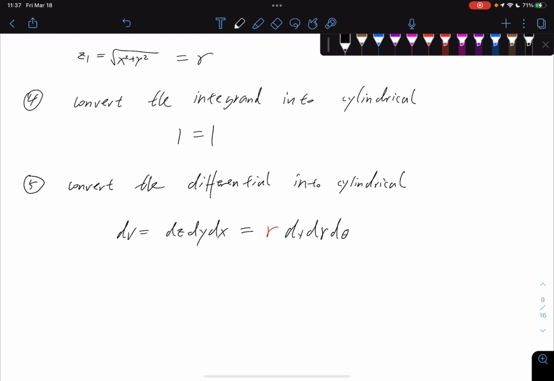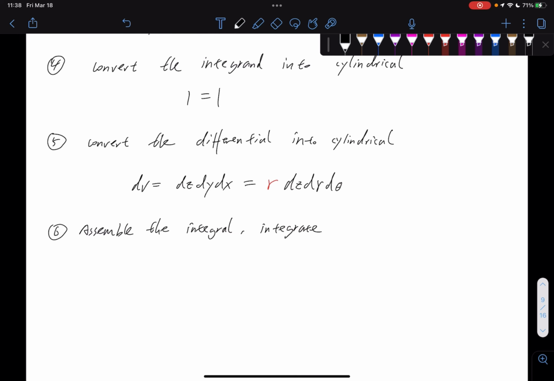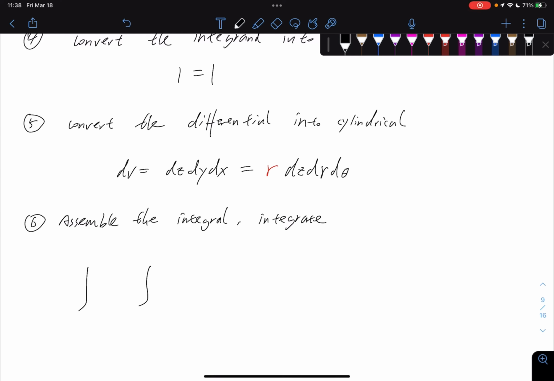All right, so that completes everything that we need to do before we assemble the integral. So that's the final step: assemble the integral and integrate. Okay, so, right, 3 big integrals, and then 1 dr dz, dz dr d theta.